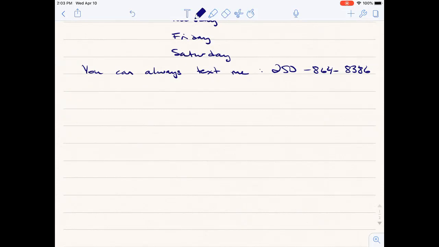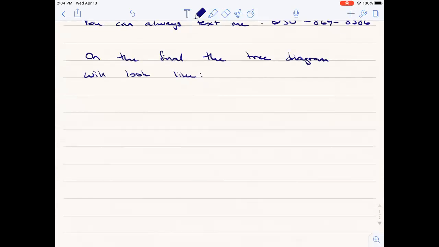One thing that I did want to note was that I kept the tree diagram as it is. But what I'm going to do is give you what it will look like. So on the final, the tree diagram is going to have 3 branches at the top.